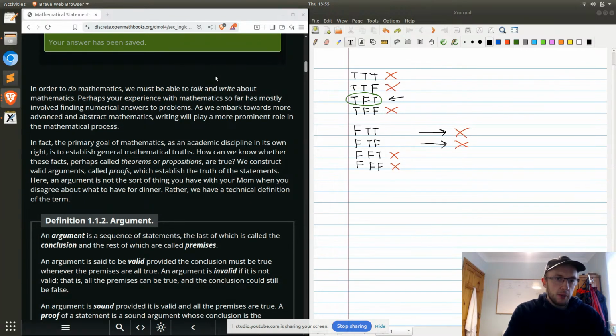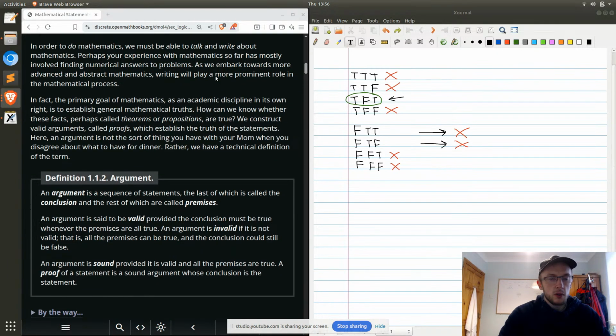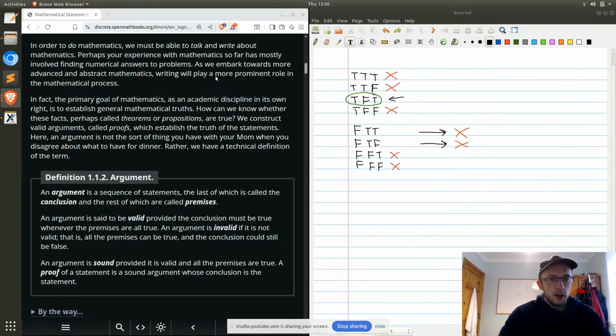In fact, the primary goal of mathematics as an academic discipline in its own right is to establish general mathematical truths. How can we know whether these facts, perhaps called theorems or propositions, are true? We construct valid arguments called proofs, which establish the truth of the statements.